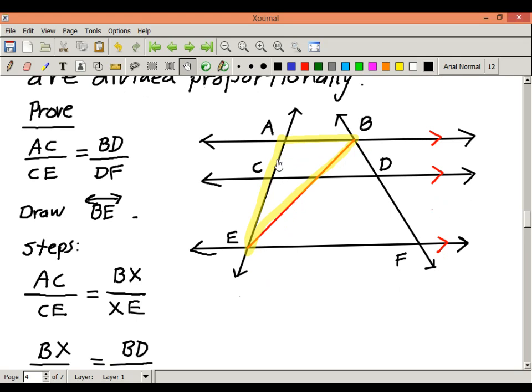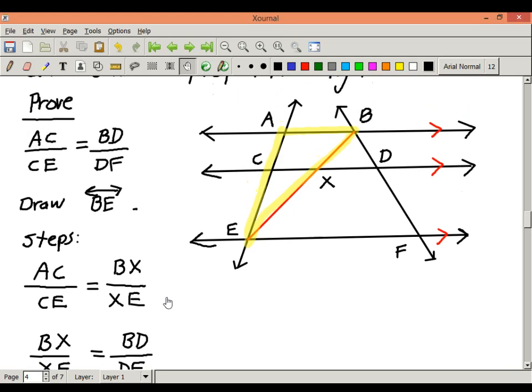We can say that AC divided by CE, that's the two pieces of that triangle, equals BX. Oh, sorry, let me get that X in there. That's an X. BX divided by XE. So notice that a line parallel to one side of the triangle divides the other two sides of the triangle proportionally. We just had the triangle proportionality theorem. And that's where we get this proportion right here.